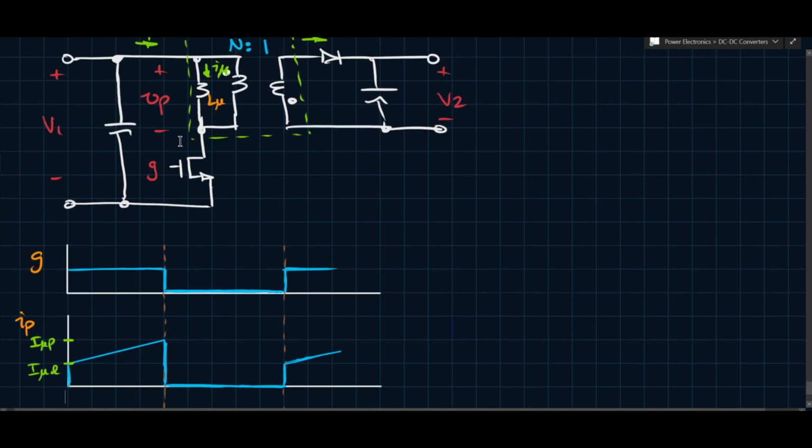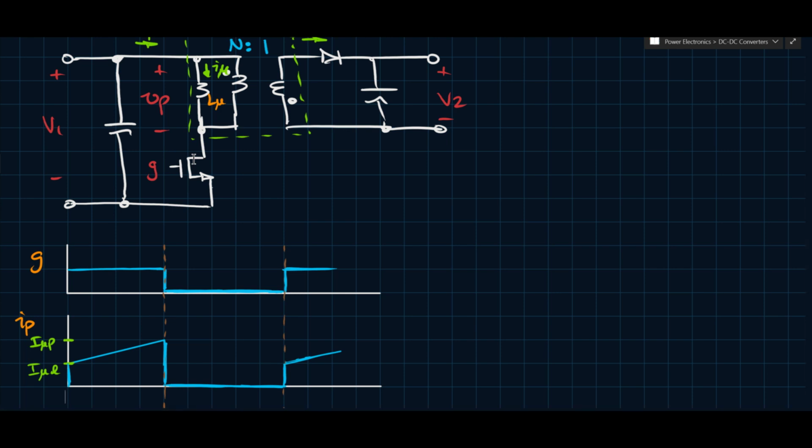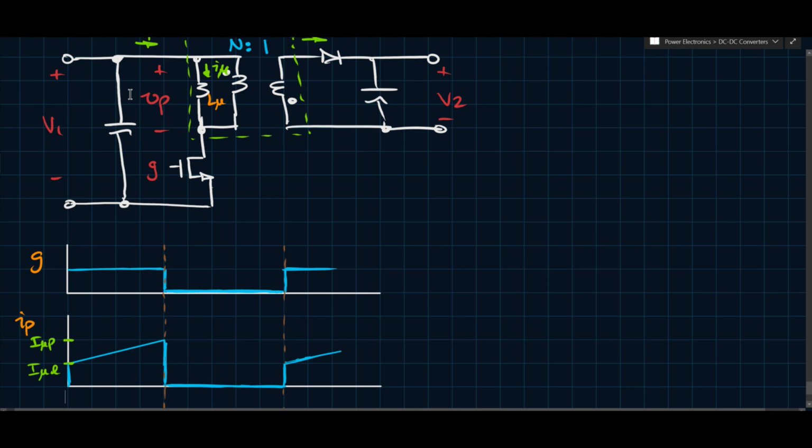Okay, now what happens during this time here? So when this transistor is closed, you end up having that Vp equals V1, right? Because there's a path that's actually connecting there, but otherwise you can't develop any voltage there.